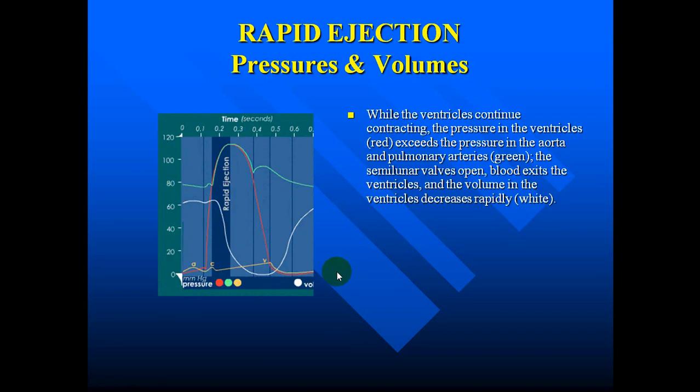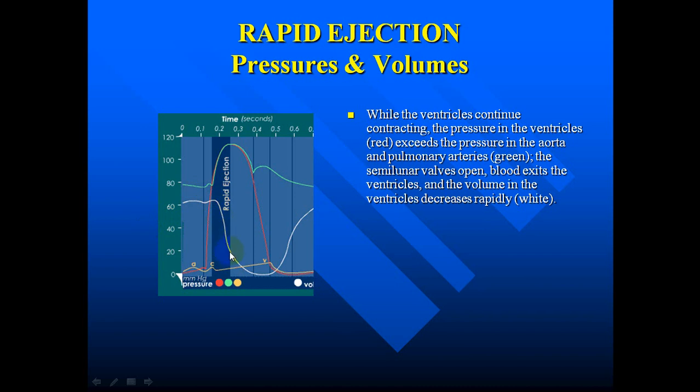What happens to the pressure and volume? While the ventricle continues to contract, the pressure in the ventricle, this red one, exceeds the pressure in the aorta and pulmonary arteries, which is the green one, and so forces the semilunar valves to open. The blood exits the ventricle and the ventricular volume decreases rapidly. See that this is the volume, rapidly dropping due to the first ejection of blood, but not completely.